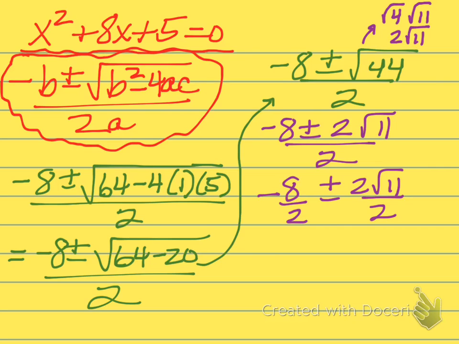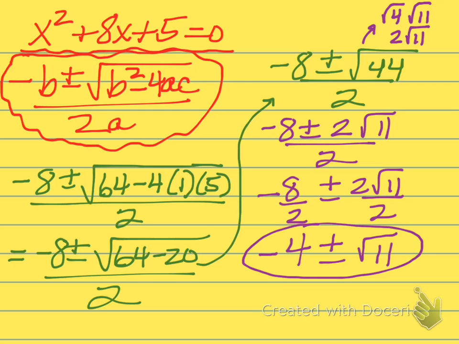Negative 8 over 2 is negative 4, plus or minus 2 radical 11 over 2. The 2's cancel, we end up with radical 11. And hey, it's like magic. We got the same set of answers that we got when we did completing the square. So we have solved a quadratic equation by both completing the square and using the quadratic formula.